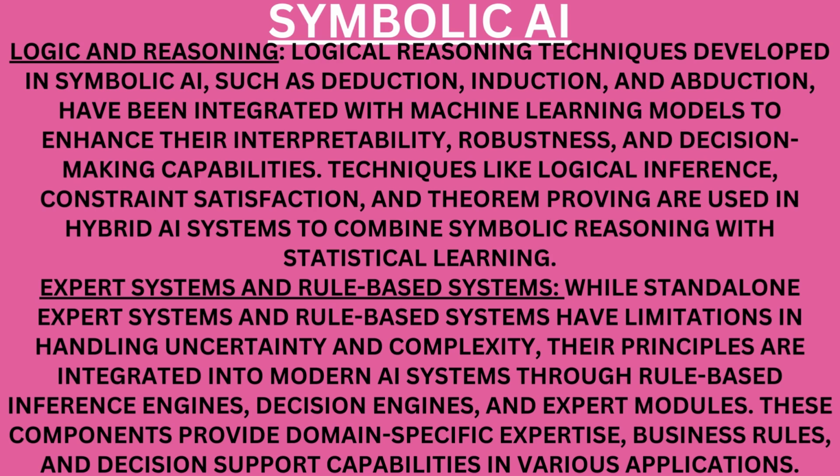While standalone expert systems and rule-based systems have limitations in handling uncertainty and complexity, their principles are integrated into modern artificial intelligence systems through rule-based inference engines, decision engines, and expert models. These components provide domain-specific expertise, business rules, and decision support capabilities in various applications.